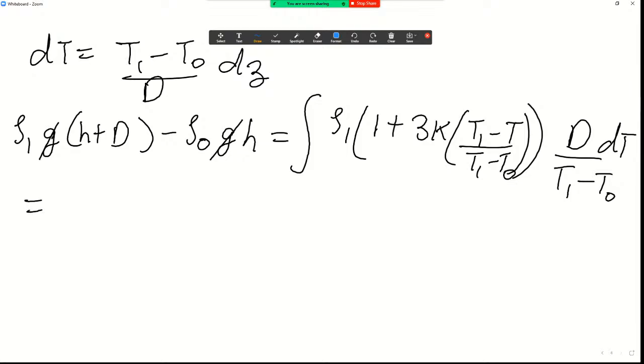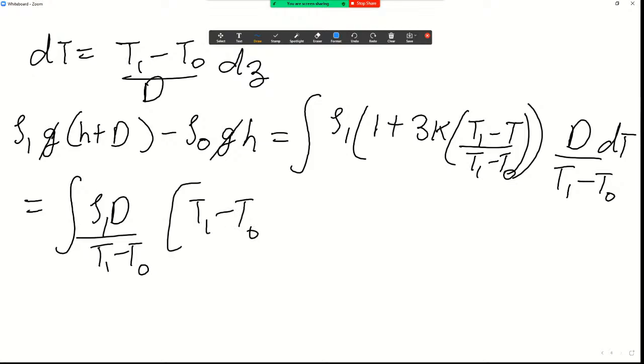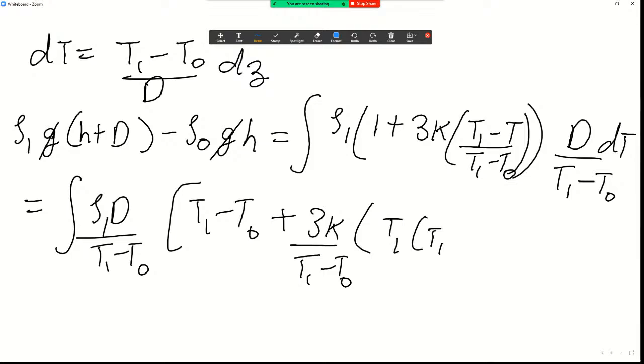So we have this integral rho 1 D by (T1 minus T0) times [(T1 minus T0) plus 3k by (T1 minus T0) times (T1 (T1 minus T0) minus (T1 minus T0) squared by 2)].